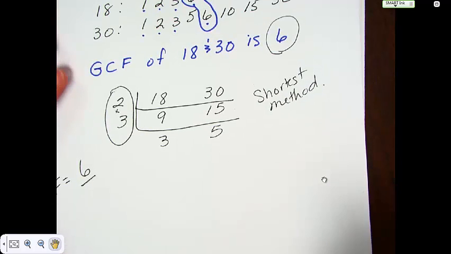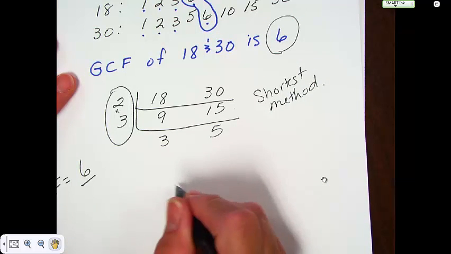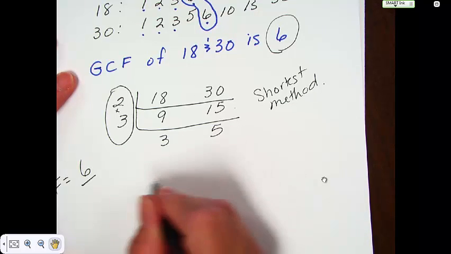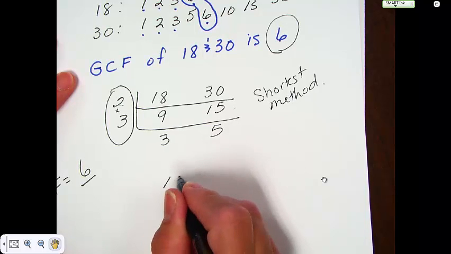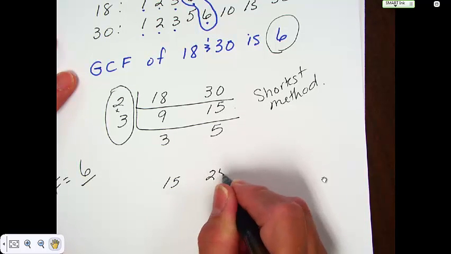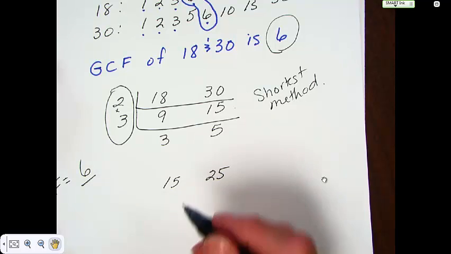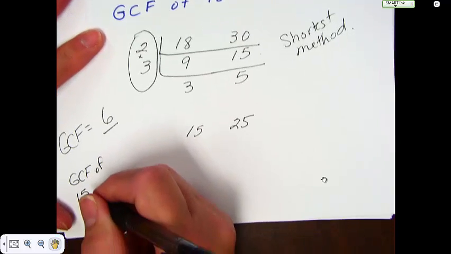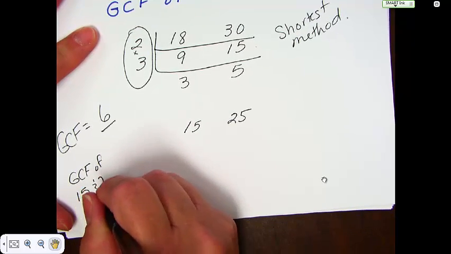Okay, so, and we can do it with one other number just so that you see a little bit of practice here. Let's find the GCF of, let's say, this will be easy. How about the GCF of 15 and 25? Okay, so we want to find the GCF of 15 and 25.